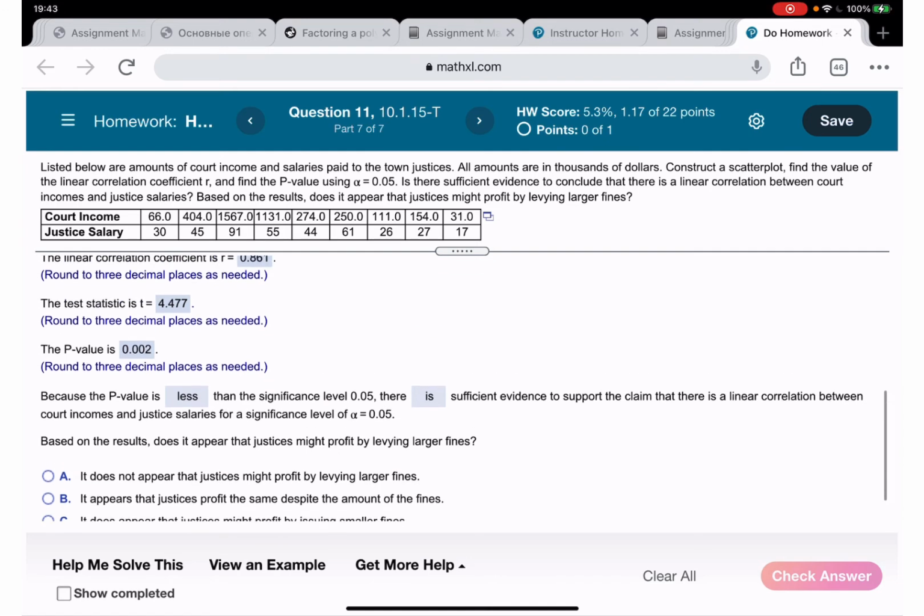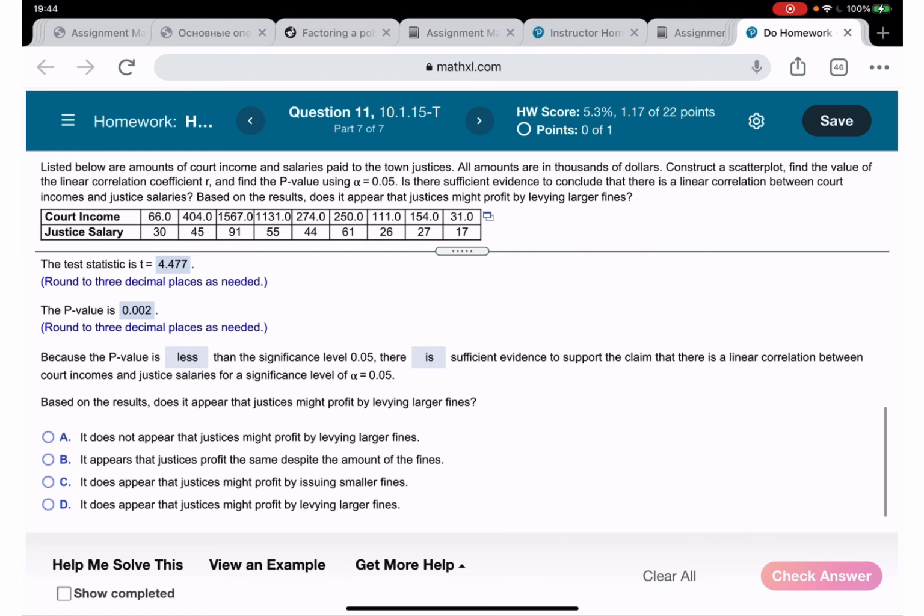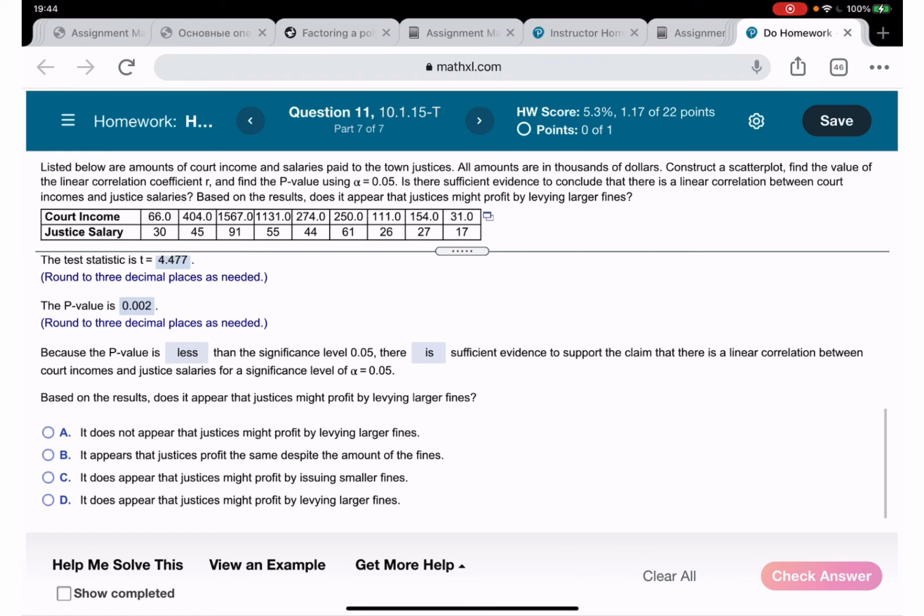And our correlation coefficient is pretty strong, 0.861. Then we can say that it does appear that justice might profit by levying larger fines, because it's a strong correlation.